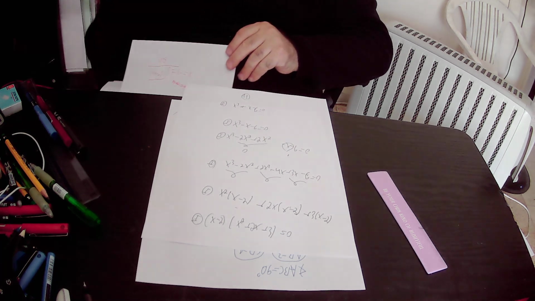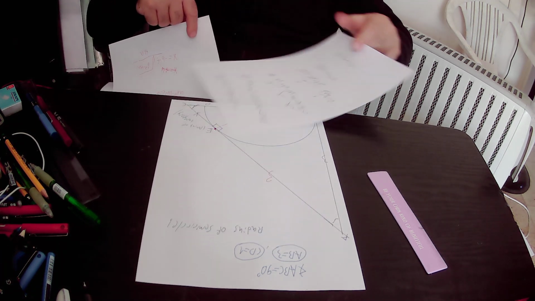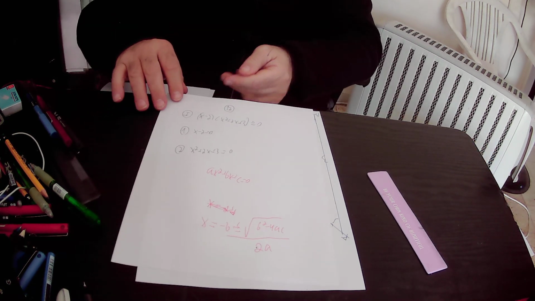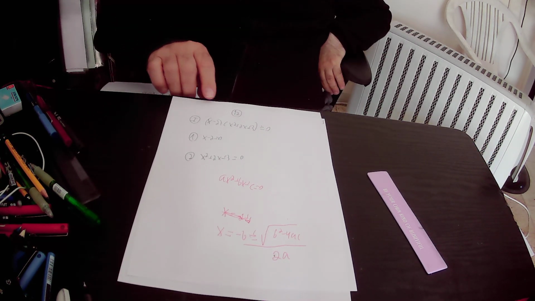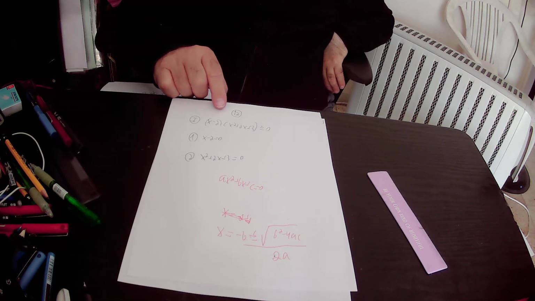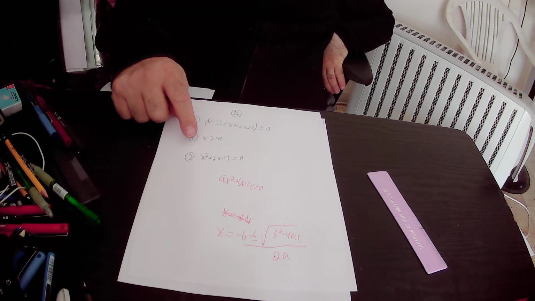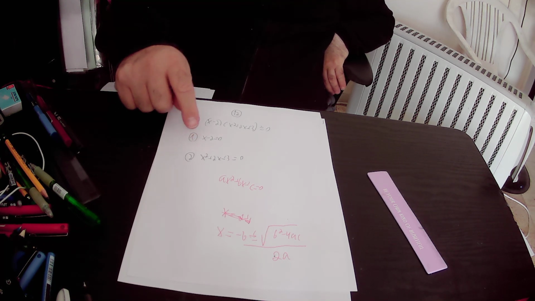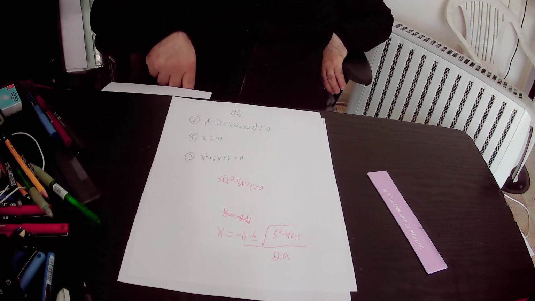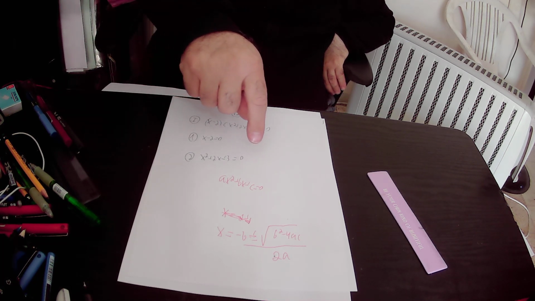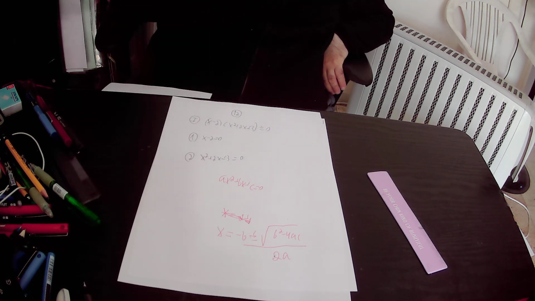So in this equation we have two possible solutions. The first solution is that x minus 2 equals 0, and the second solution is that x squared plus 2x plus 3 equals 0. So the general formula for a quadratic equation is ax squared plus bx plus c equals 0.